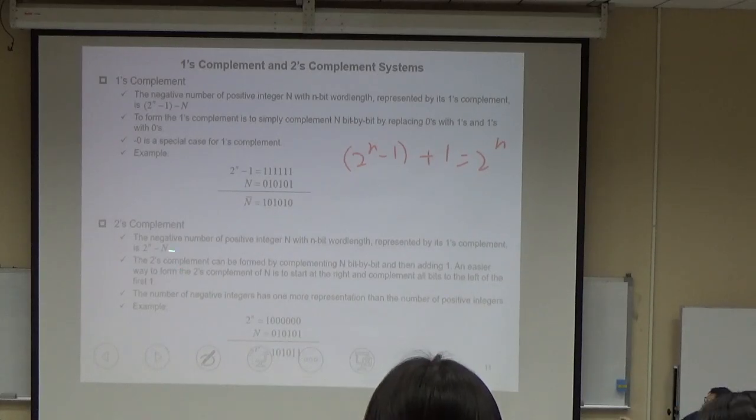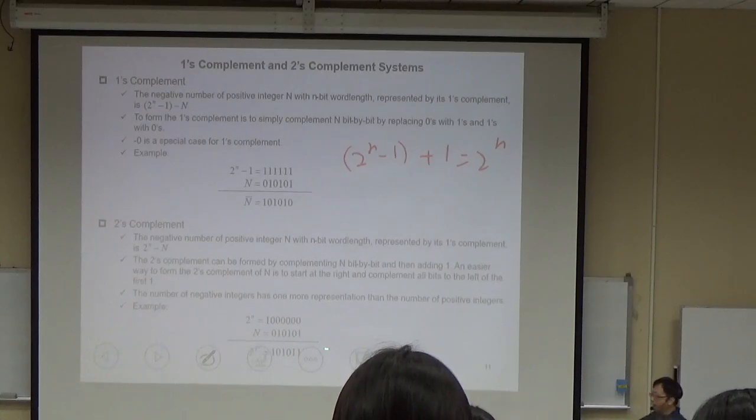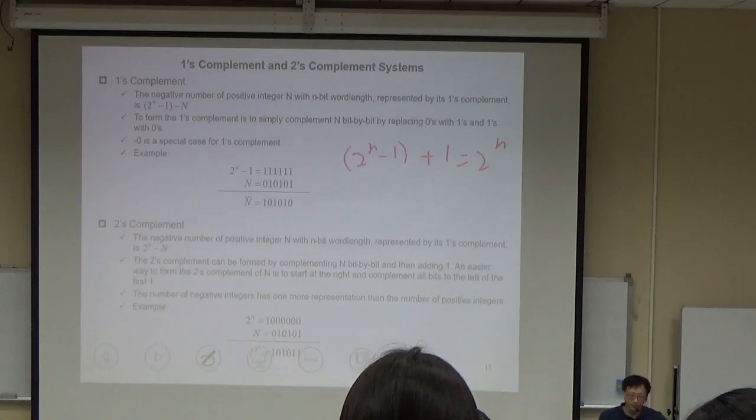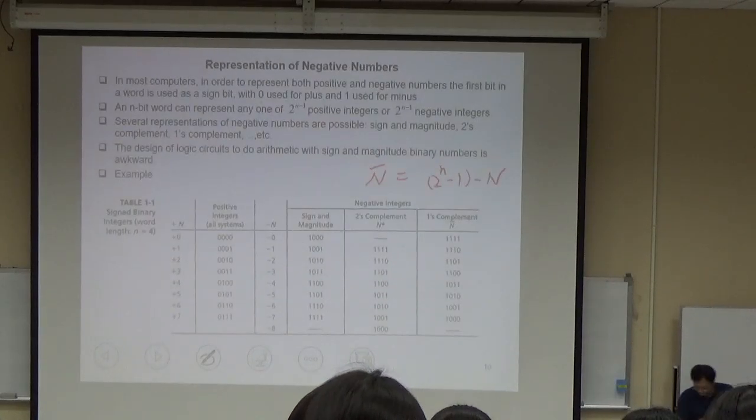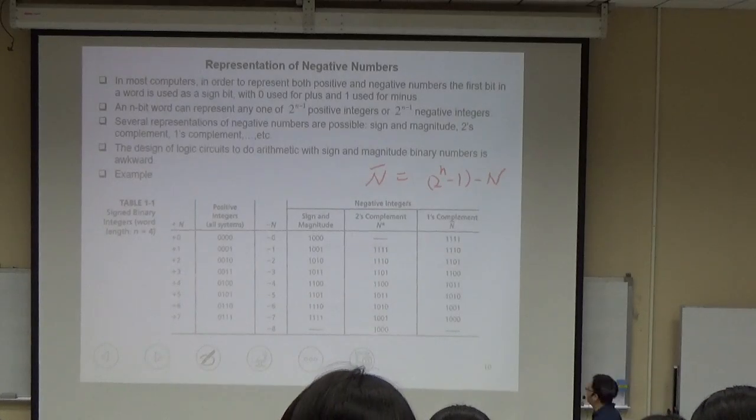So for the two's complement, you can find the expression right here, this one subtract this one, to get the two's complement number. Okay, so that's why I say if you have the one's complement and you add 1, you'll get this expression.